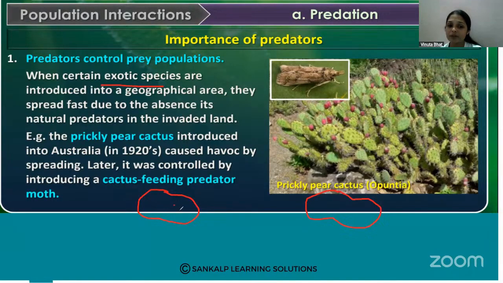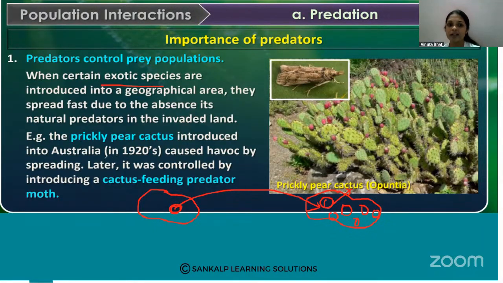If some exotic species are transferred to the other geographical area, this area does not have the predators, so they may grow rapidly, resulting in rapid growth of these prey. Okay, so they have given an example.